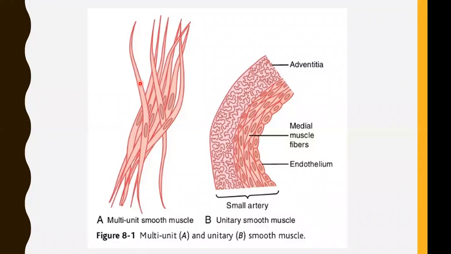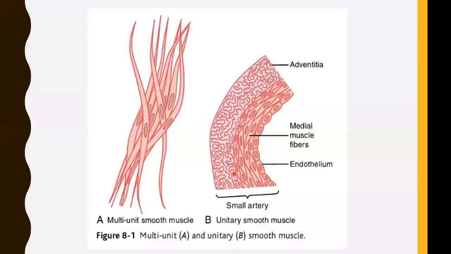On the other side is the unitary smooth muscle. We can call it the visceral smooth muscle, because these muscle fibers are present in the gastrointestinal tract, in the uterus, in the ureter, and in most of the blood vessels.